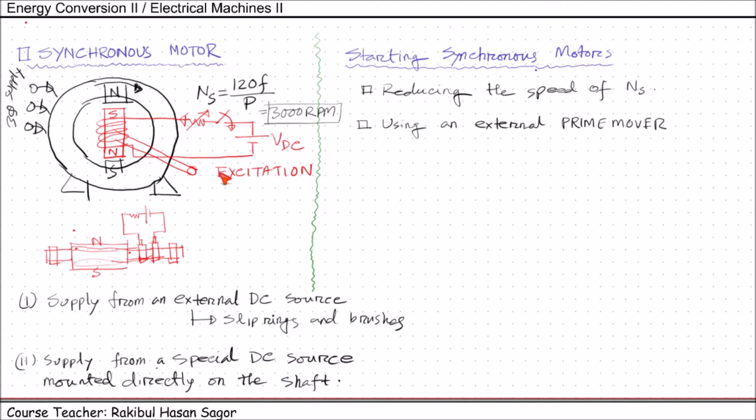In this method, we connect an external prime mover which will start rotating this rotor by providing external force. So what will happen if the rotor initially starts moving at the rated synchronous speed? When the relative speed between these two is reduced, even though we provide this supply, it will be much easier for them to be interlocked and move with synchronous speed right from the beginning.